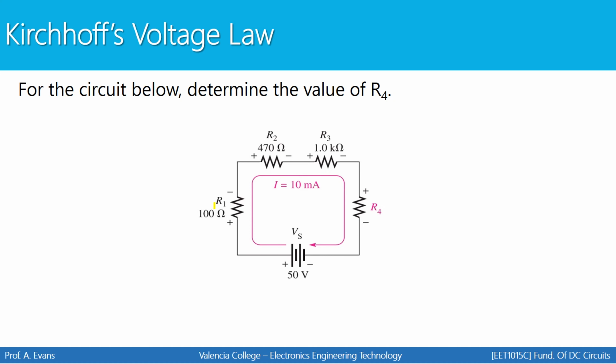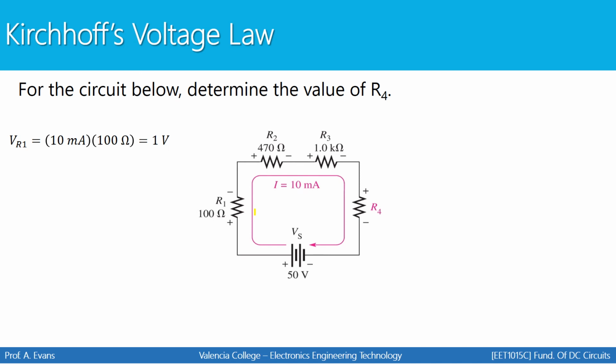I know the values for R1, R2, and R3, and the polarities for R1, R2, R3, and R4 have been drawn. If polarities are not drawn on your picture, you can easily add them yourself because you know how to add a polarity based on the direction of current flow. So for this problem, we have to figure out what R4 must be given all of these other pieces of information.